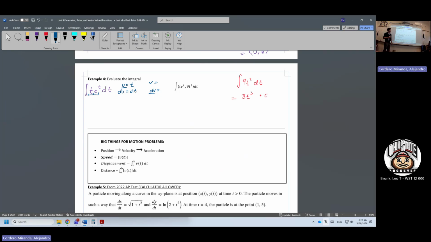Nice. And then once you choose your u, you don't have a choice for dv. It's forced to be the rest of the integral, so e to the t dt. And then to find your v, obviously you take the antiderivative. The antiderivative of e to the t is e to the t. There you go. And then either you have to remember this formula or you can derive it yourself just using the product rule.